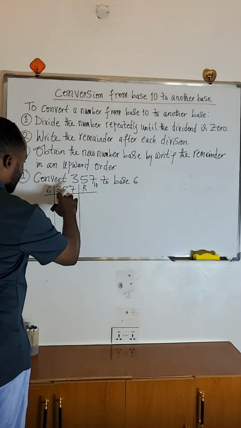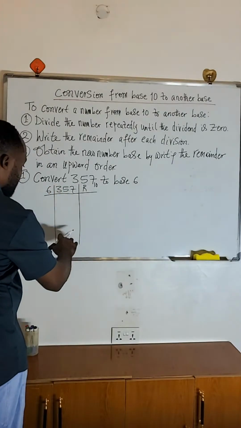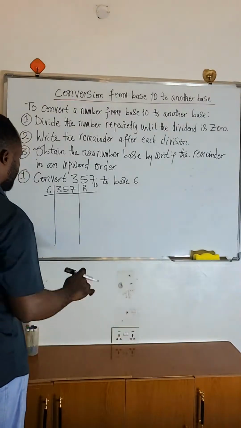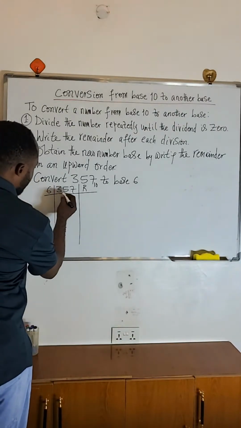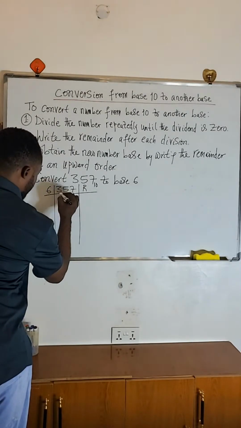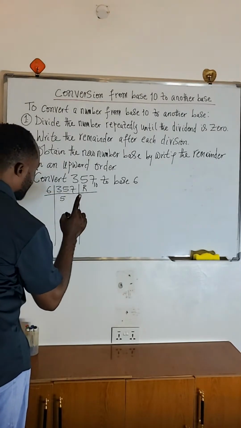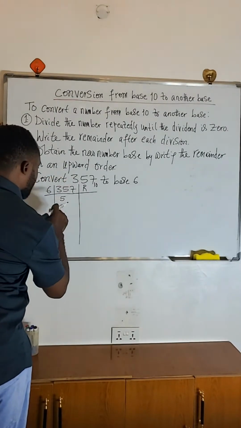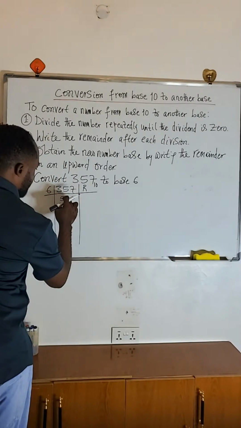Now let's go. I'm going to divide this dividend till it becomes 0. So 6 goes into 35 how many times? 5. Remainder 5. So that 5 is added to 7 to make it 57.